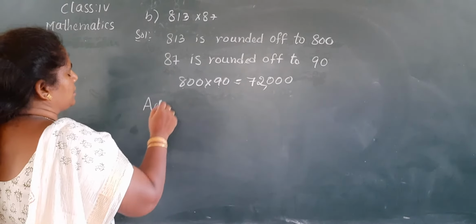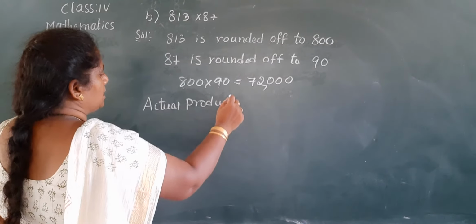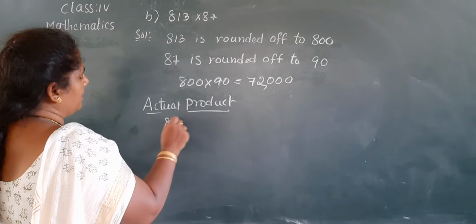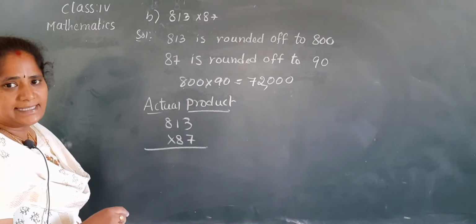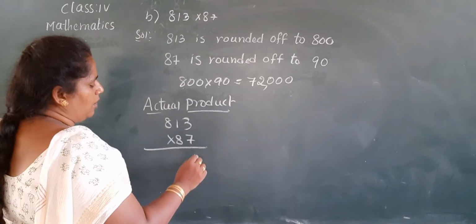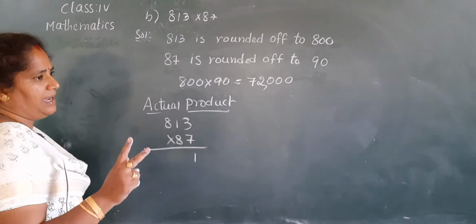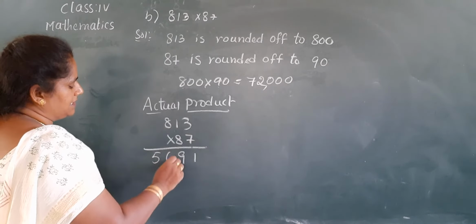But what is the actual product? 813 into 87. First we multiply by 7. 7 3s are 21, 2 in hand, 1 is down. 7 1s are 7, 8, 9. 7 8s are 56.